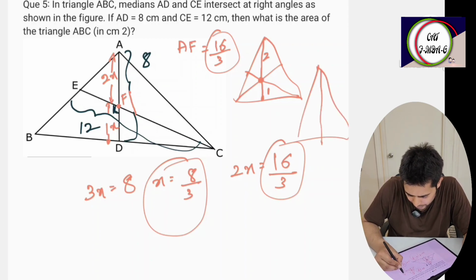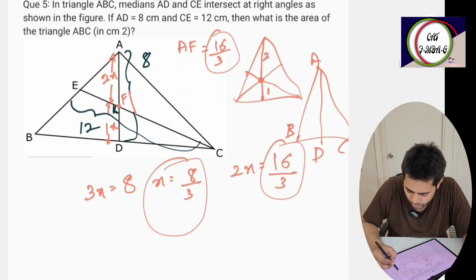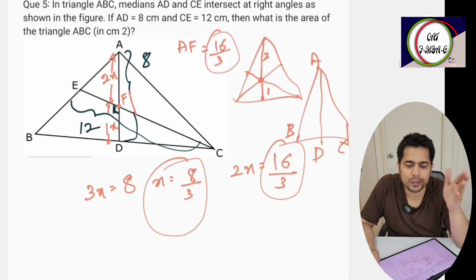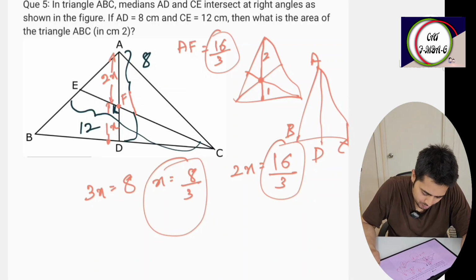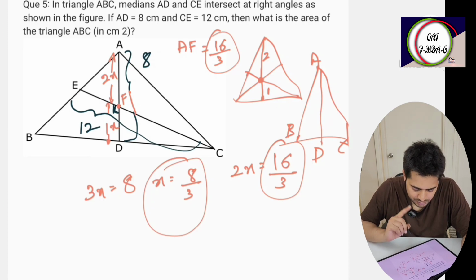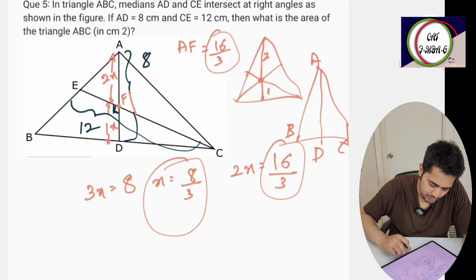Also, let us say ABC is a triangle and AD is a median. So area of ABD is going to be equal to the area of ADC, because a median divides the triangle into two equal halves. So EC is a median. So area of triangle AEC is going to be equal to area of triangle CEB.